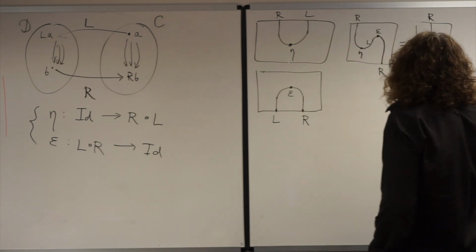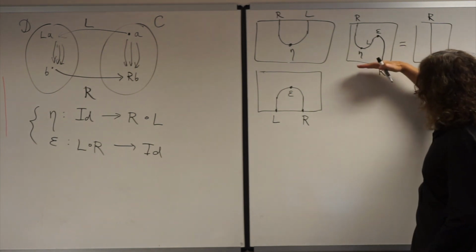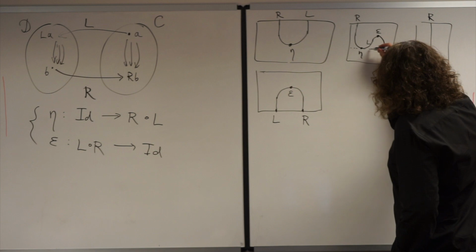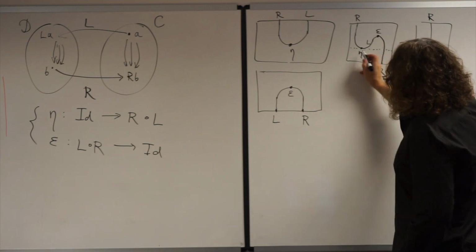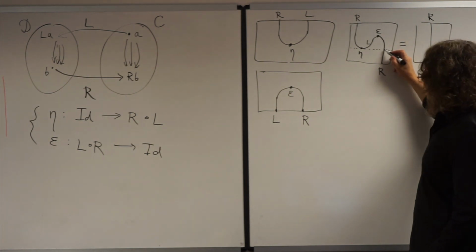Now, if we want to write it as an equation, we scan it from the bottom, right? And we get, at this level, what do we get? We get epsilon, but we also get R, right? Remember?